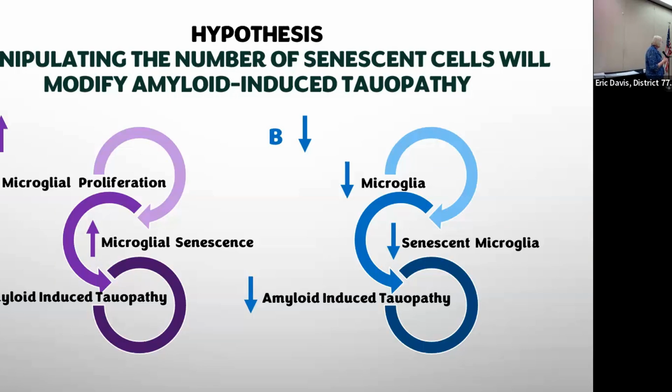And so in two aims in this project, I'm going to try to promote microglial senescence with the hypothesis that it is going to make the cognitive impairments worse, the neurodegeneration worse, and increase the amount of tau that the brain has. And on the other side, we want to get rid of these senescent microglia because we hope that will reduce the amount of neurodegeneration, cognitive impairment, and pathology development.